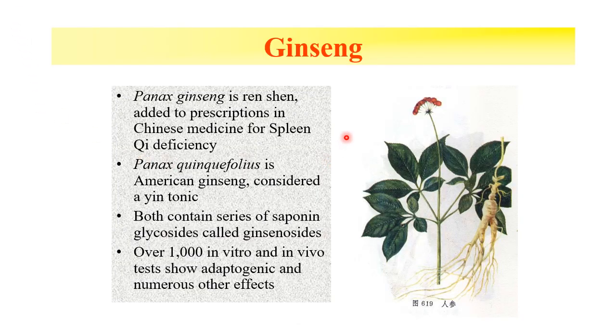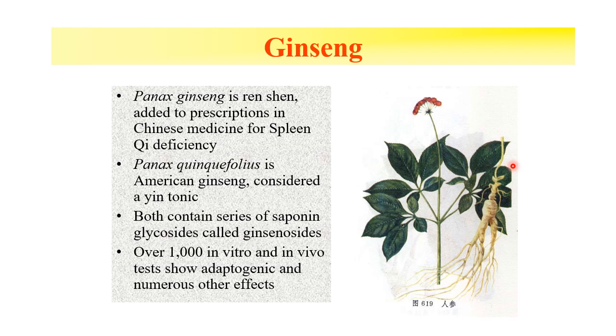So here's ginseng, which does contain saponin glycosides. They're called ginsenosides, and they're mainly in the roots, as you're seeing right here. There are two major types. There's Panax ginseng, which is the Asian ginseng, or Renshen, which is added to many prescriptions in Chinese medicine for spleen qi weakness or deficiency, energy, and so forth.